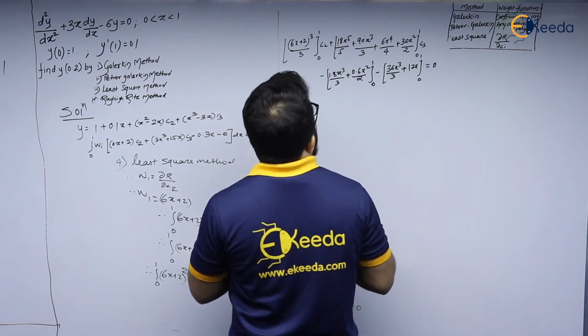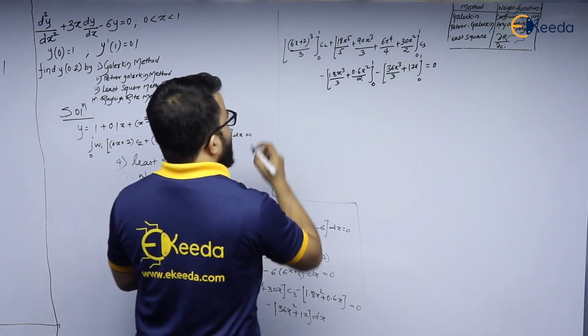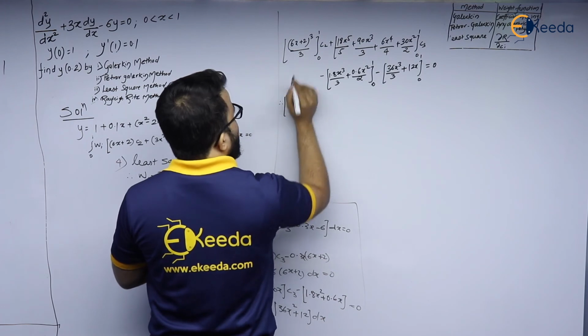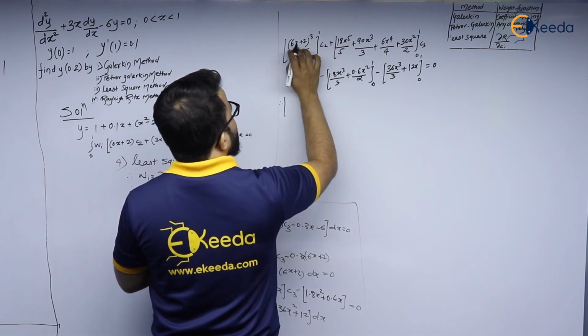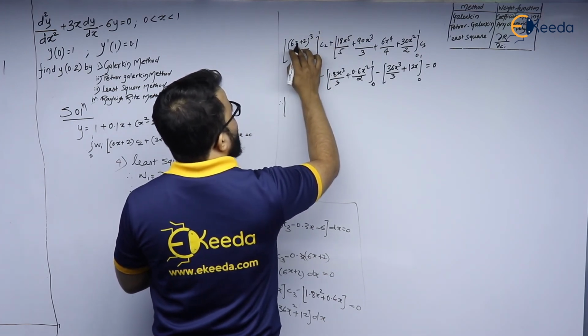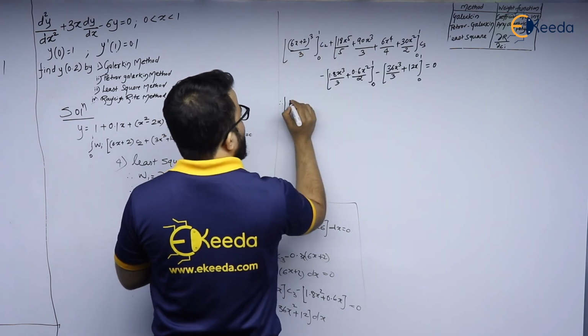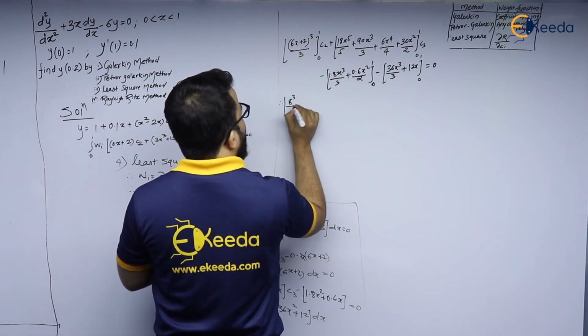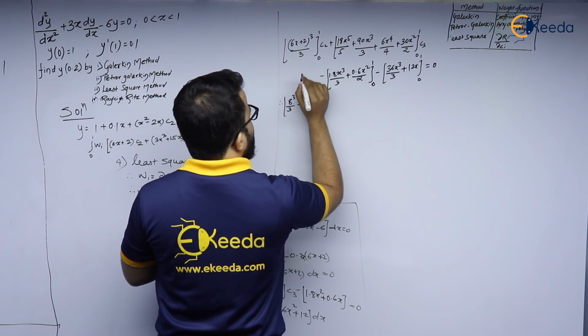So now I will put the upper limit and lower limit in this equation. I will put x equal to 1. So 6 into 1 is 6, 6 plus 2 is 8. So my equation becomes 8^3 upon 3 minus the lower limit, which is 0.